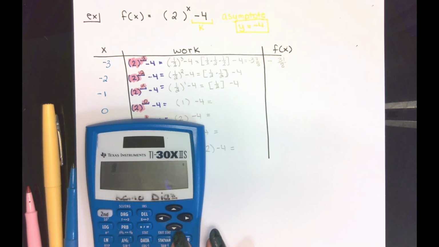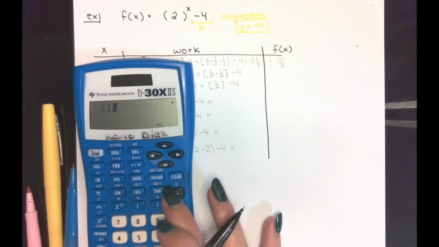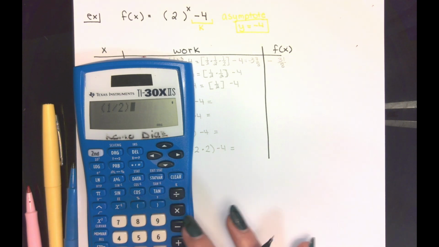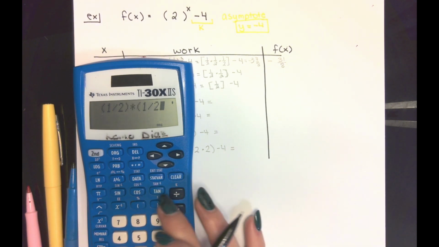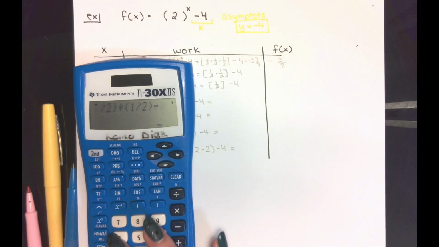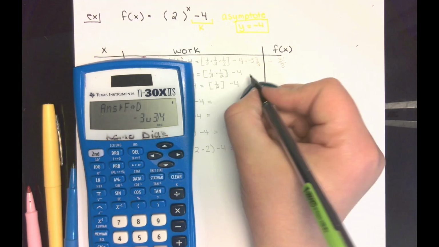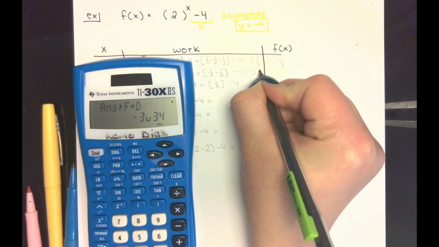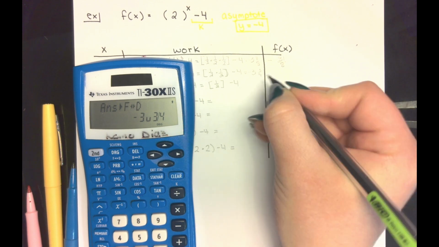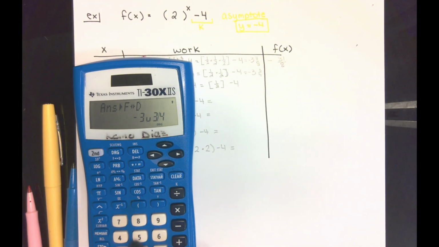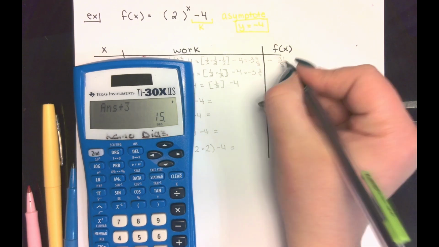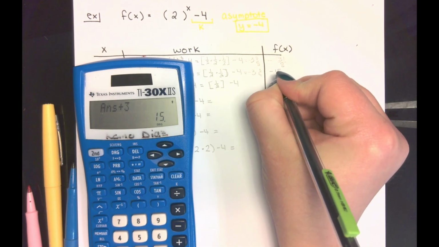Let's see if we can get a prettier fraction. 1/2 times 1/2 minus 4, second PRB, and we get -3 3/4. Okay, again, convert that. 4 times 3 plus 3, and I get 15/4.